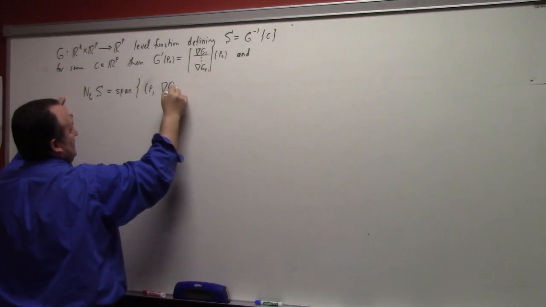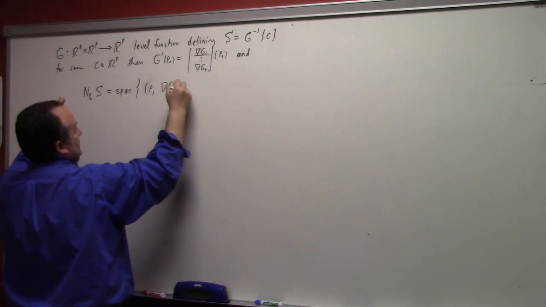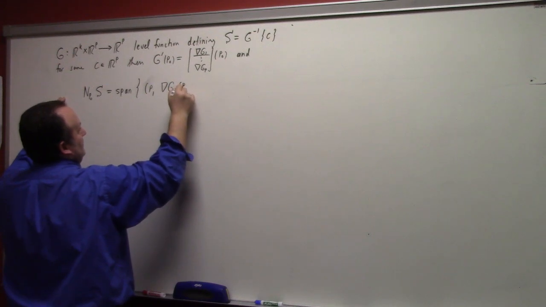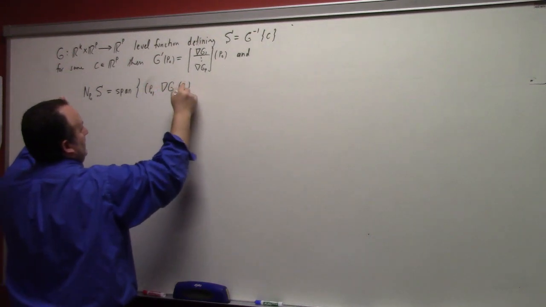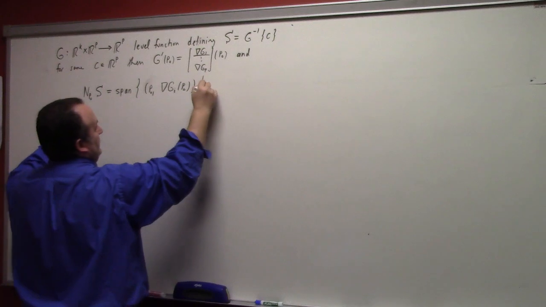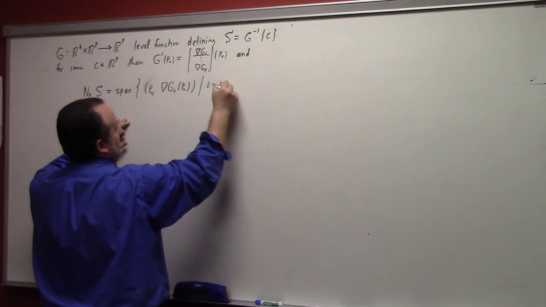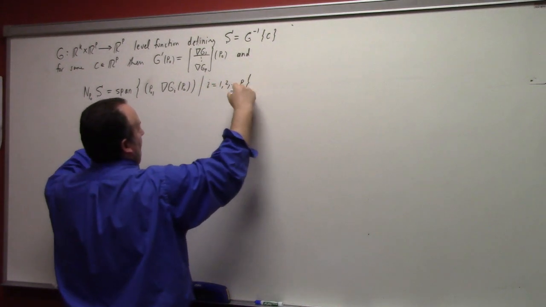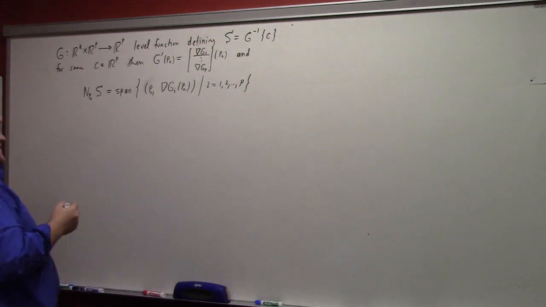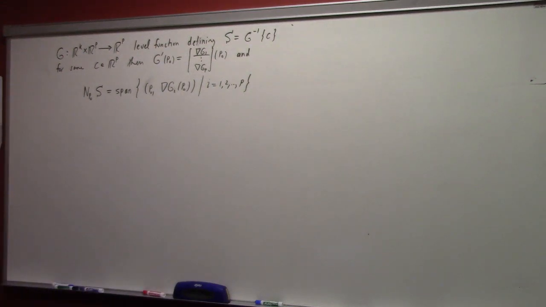This is not in the notes, but I'm just writing it out. So the normal space is p-dimensional, and it's formed from the span of the gradient vectors.